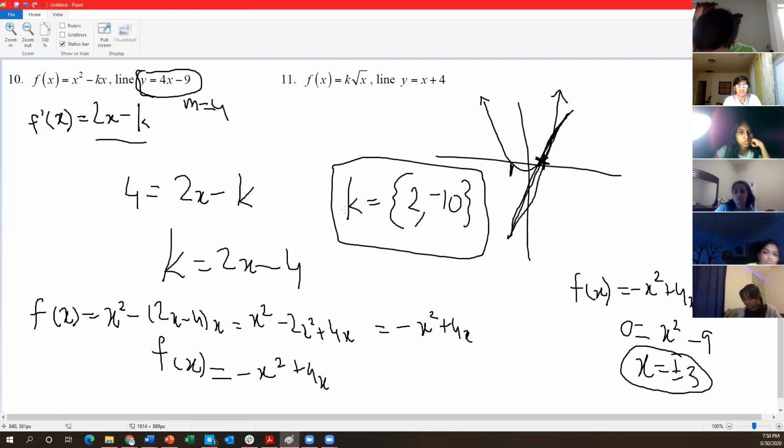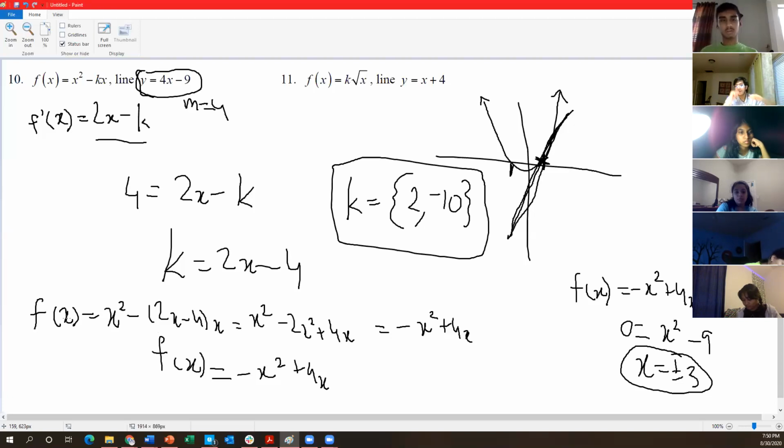Does this make sense? Just to recap, what I did was I took the derivative of f. I set that equal to the slope of the line of interest to find k in generic terms. Then I rewrote f by substituting k in. Then I set f equal to the line of interest.